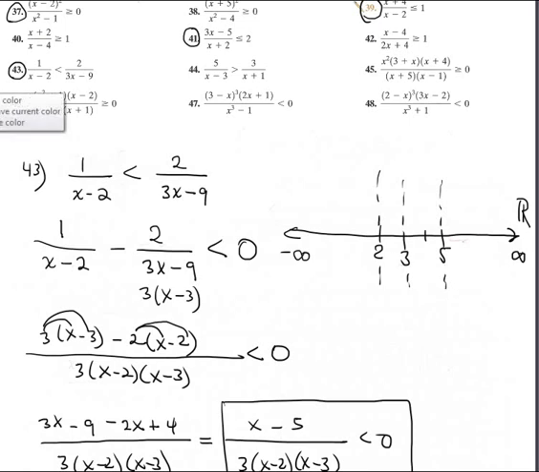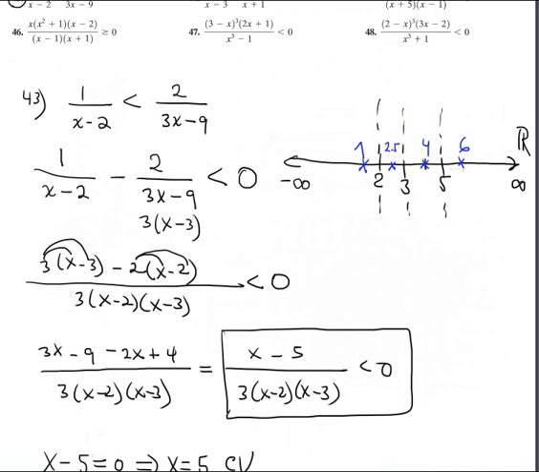Now we select a testing point. A testing point maybe is 1, maybe it's 2.5, and maybe 4, and maybe 6. After that, we are doing the chart. Okay, we have no space for the chart. Let me erase this part.